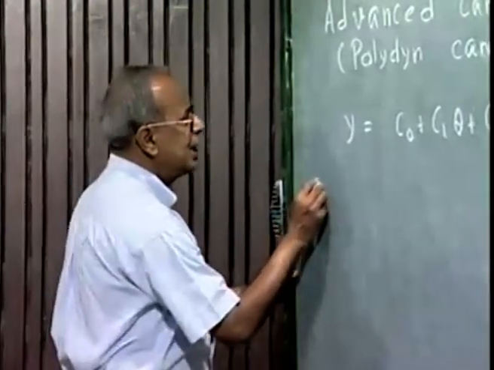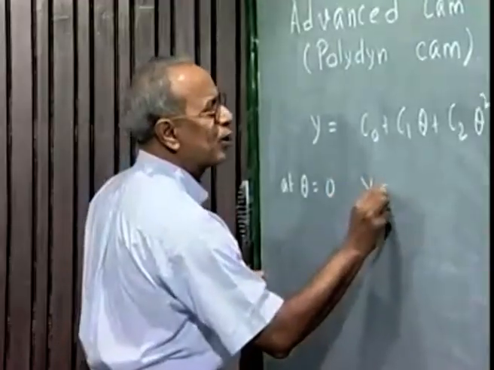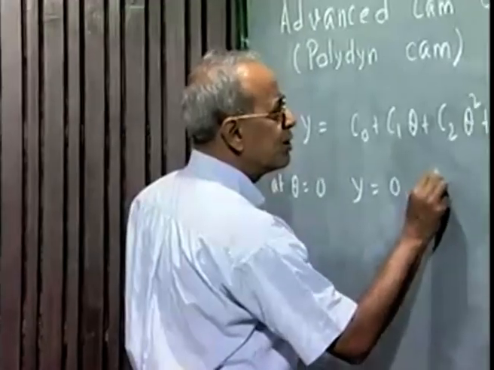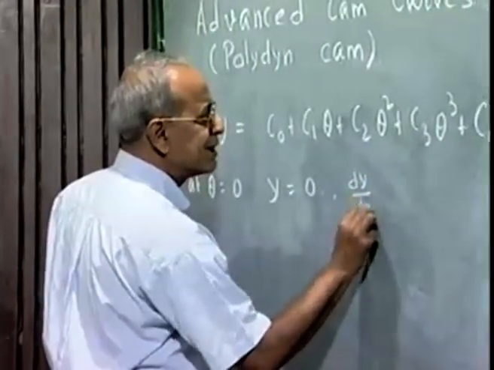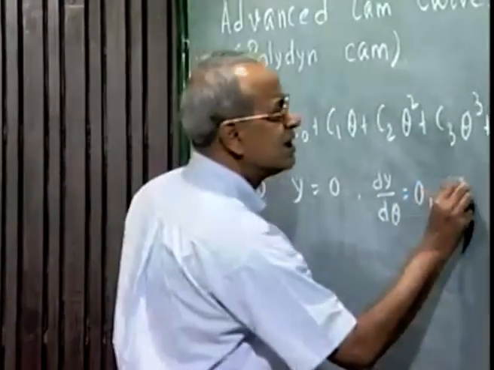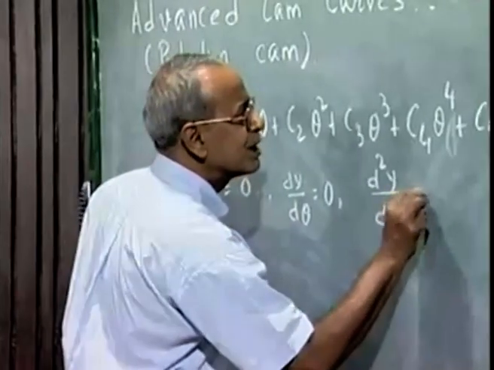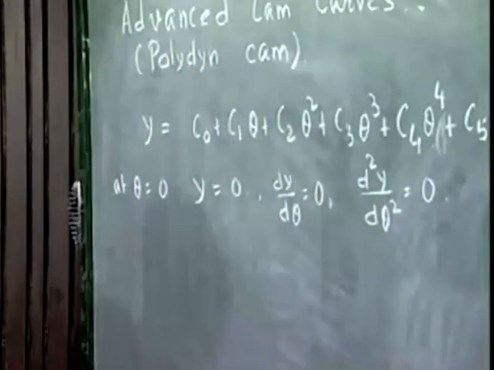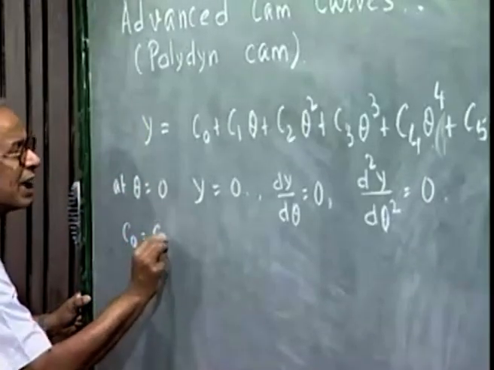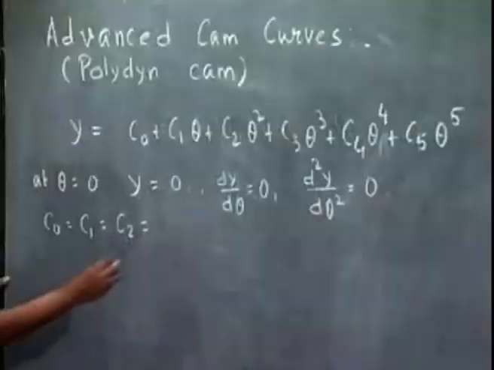For example, at theta equal to 0, y has definitely got to be 0, and we also want the velocity to be 0, which can be ensured by having dy d theta 0, and suppose we also want the acceleration to be 0, which can be ensured by having the second derivative of y with respect to theta 0, which immediately tells you that C0, C1, C2 all have to be 0.